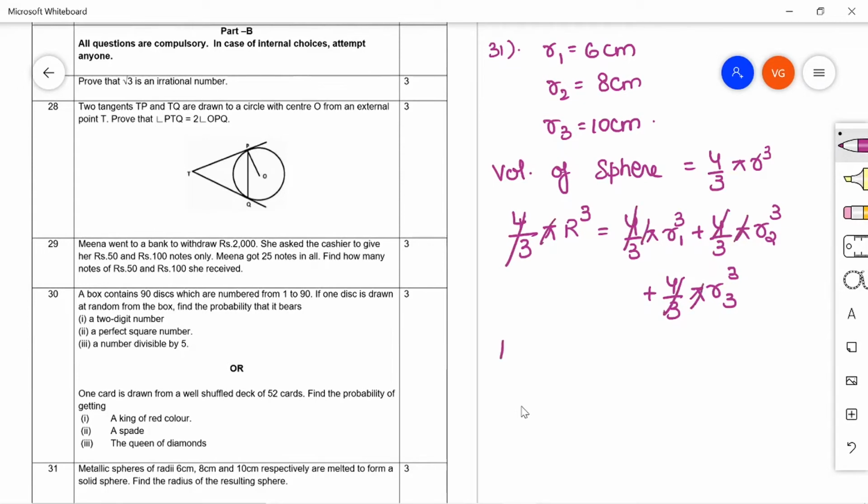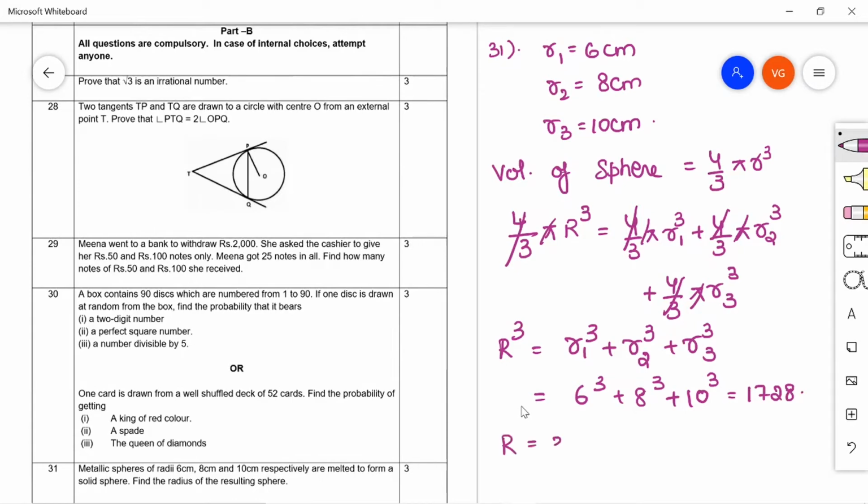On both the sides 4/3 will get cancelled, pi also will get cancelled. So the calculation is very simple here. R cube is equal to R1 cube plus R2 cube plus R3 cube, that is 6 cube plus 8 cube plus 10 cube. This gives me 1728. So R is the cube root of 1728, which is 12 centimeter.